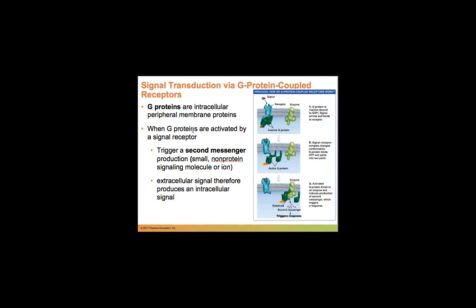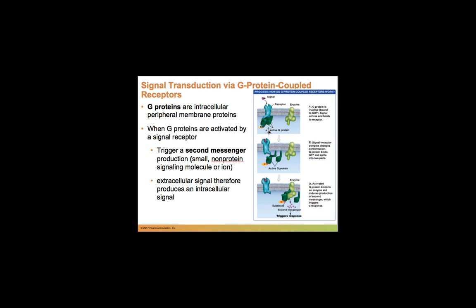So G proteins are intracellular peripheral membrane proteins. So let's break this down. They're intracellular on the periphery of a membrane. So here we see our phospholipid bilayer, we see our receptor. Insoluble molecular hormone has to bind to that receptor. Once it binds to the receptor, we can activate a G protein.